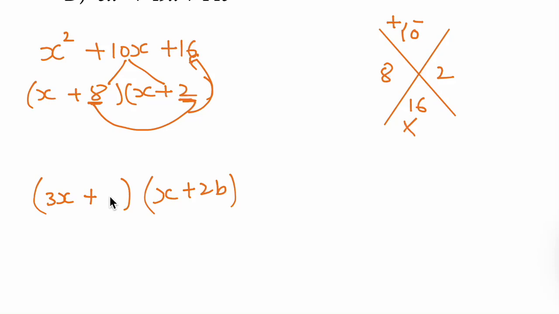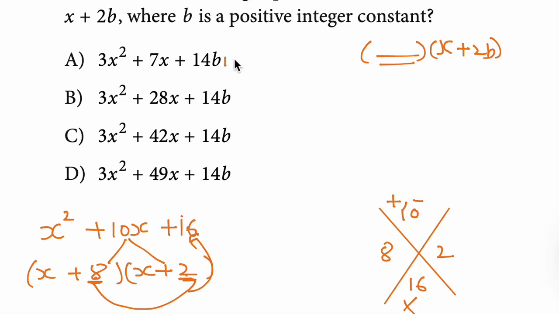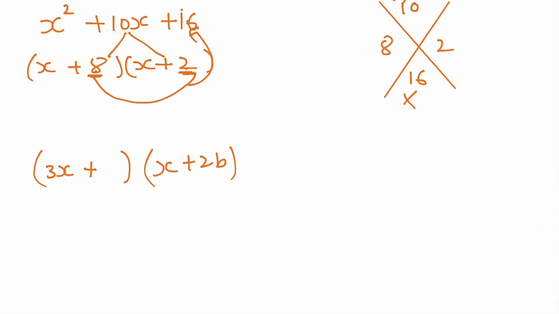We have to find this number, that is important. Also, when you multiply this and this, you get 16, and if we see the options, every option has 14b. So 3x squared is common in all and 14b is common in all. We have to just figure out what this number can be.